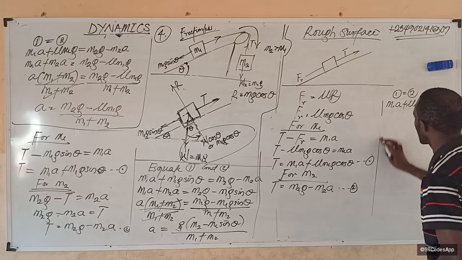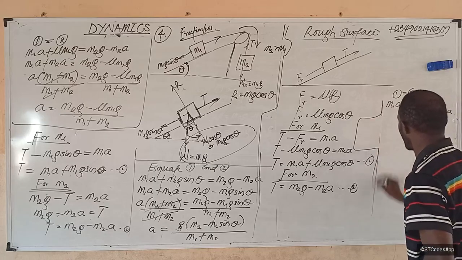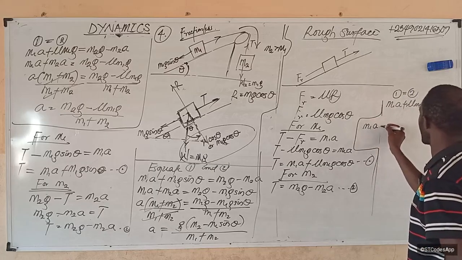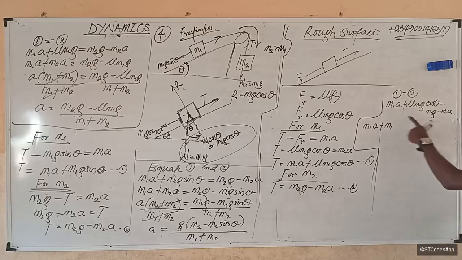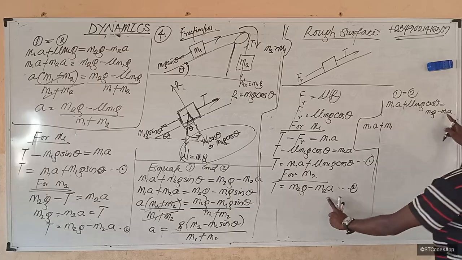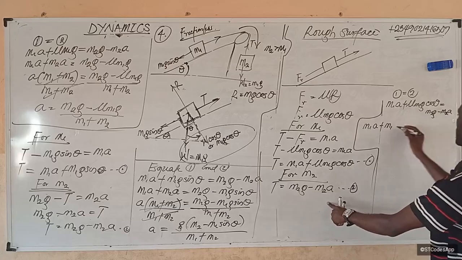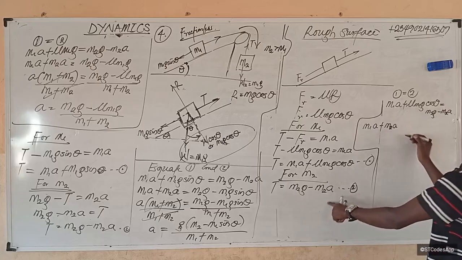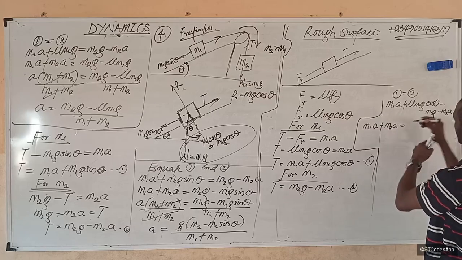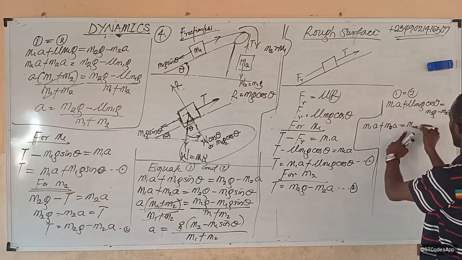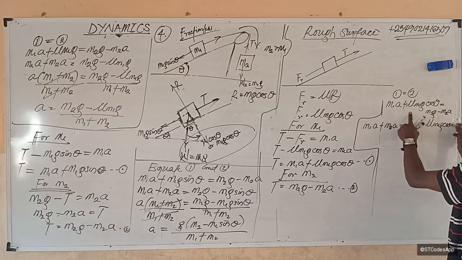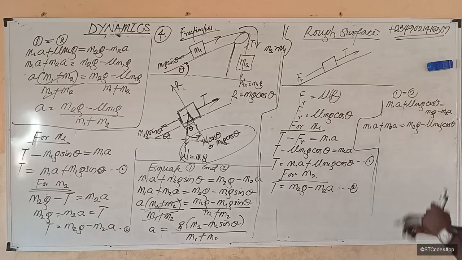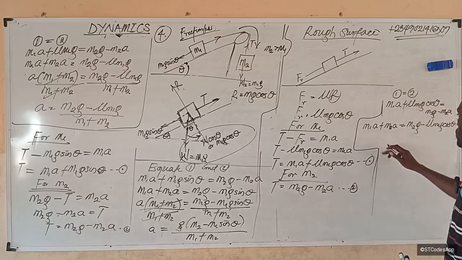It becomes M1A plus M2A, sorry, this is M2A, equal to M2G minus mu M1G cos theta. Now you notice that it's just a slight difference in the equation when it is frictionless and when there is friction.